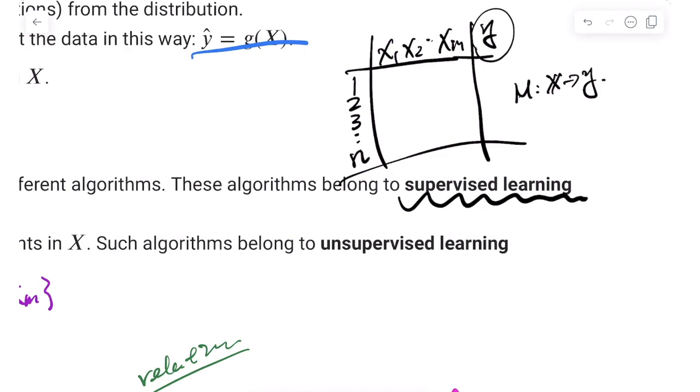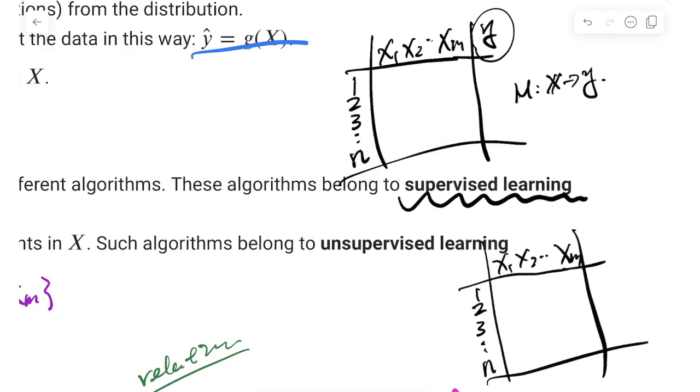But sometimes the data we obtain has no y. That means the data has no specific target to learn. So we have another approach, another set of algorithms, which is called unsupervised learning algorithms.